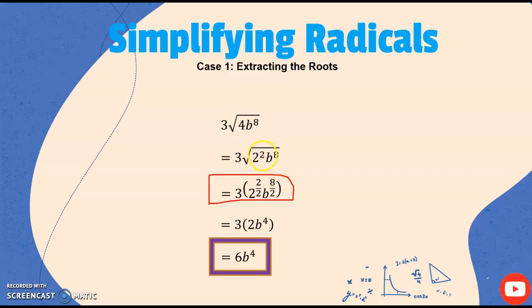So here, 2 divided by the index 2, you can have 1 to the power of 1, and 8 divided by 2, you can have it 4, b to the power of 4, right? So there's no need for you to really do this part of the solution. But in case you really need a visual part of that solution, why is it that it is 2 to the power of 1 and b to the power of 4?